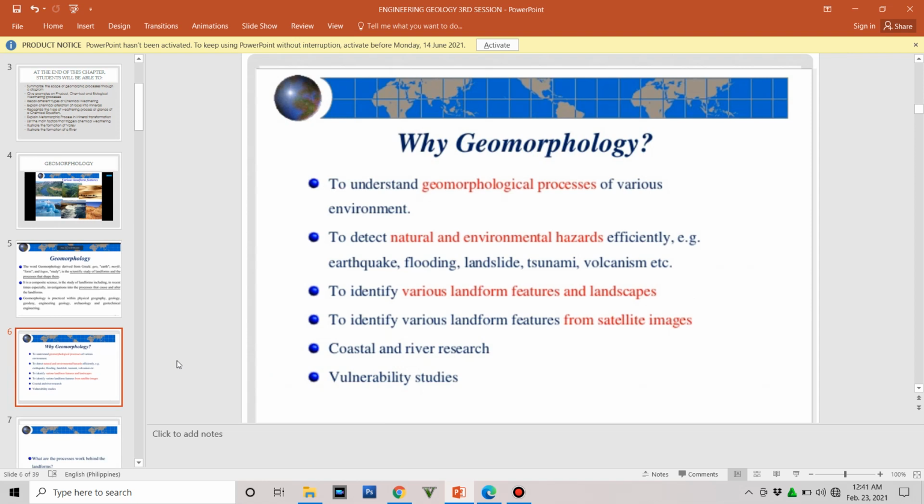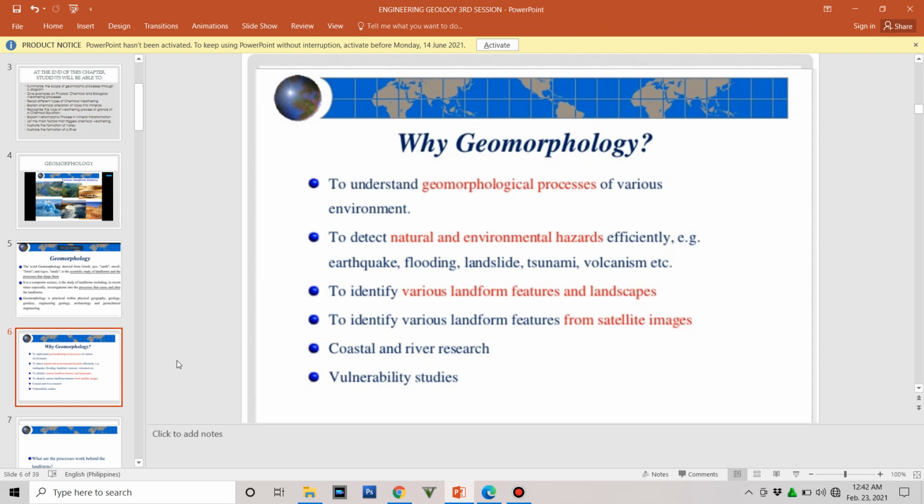Okay, why geomorphology? So to understand geomorphological processes of various environments. From this we can also detect the natural and environmental hazards efficiently, like earthquake, flooding, landslide, tsunami, volcanism, etc. And then to identify various landform features and landscapes.